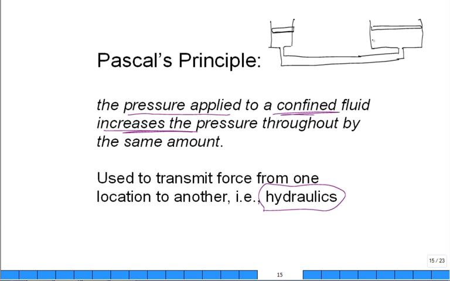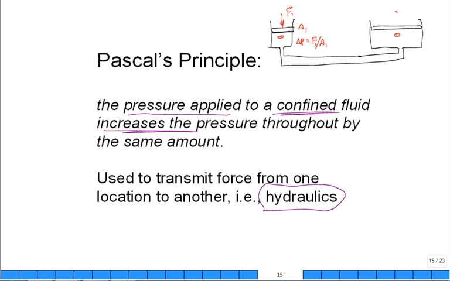And so, neglecting elevation changes, if I boost the force pushing down on the area of that piston, it will increase the pressure of the fluid right below it by that force per unit area, F1/A1. That change in pressure will be felt below the larger piston, even if it's a long way away, because it's a confined fluid. Pascal's principle.